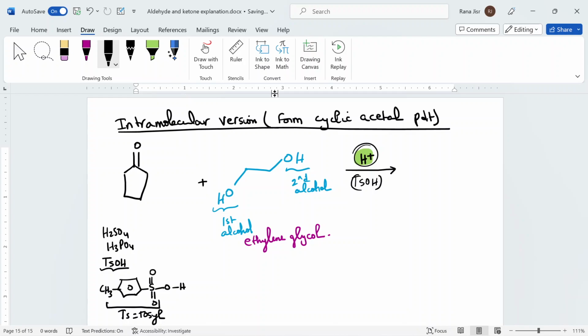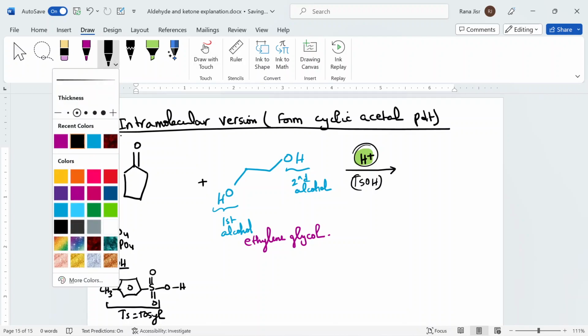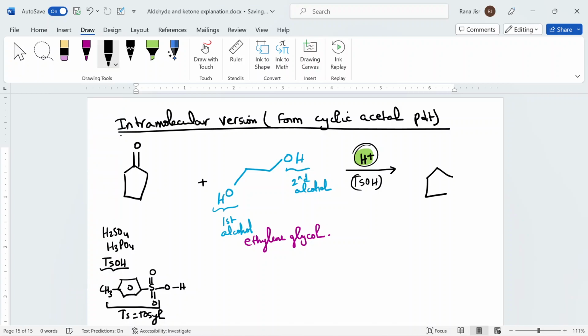With this reaction, what I am forming is an acetal, and the acetal is going to be a cyclic acetal. So on the carbon of the carbonyl, here you go, you're going to form your acetal, and you are losing the hydrogen here and the hydrogen in there, okay? Because you are making 2 ORs.